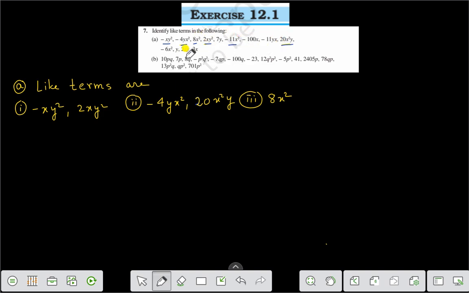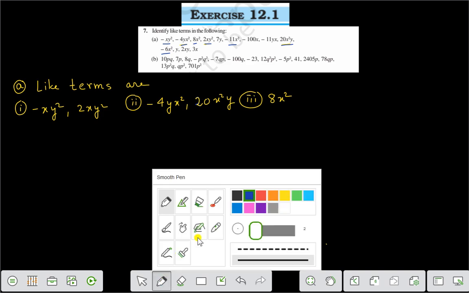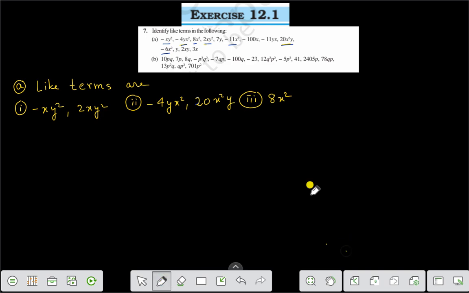Another one is minus 6x square. There are three terms: 8x square, minus 11x square, and also minus 6x square. These are all like terms.